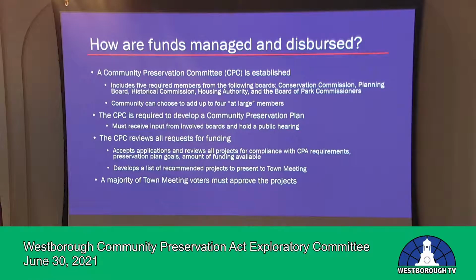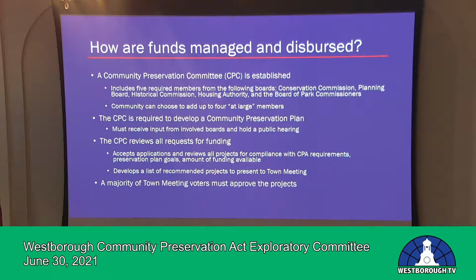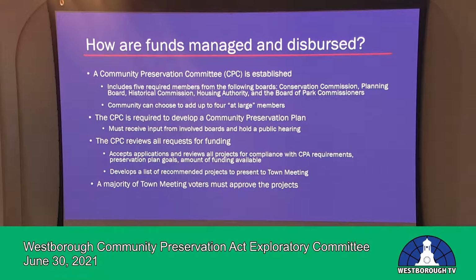They review them over the winter to make sure that they meet the requirements of CPA, match with the goals of the community's preservation plan, and of course, that the community has the funding to undertake those projects. The CPC then presents a list of recommended projects to spring annual town meeting. And at that town meeting, a majority of voters must approve those projects for the funds to be awarded to them.